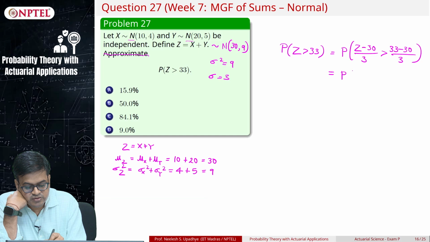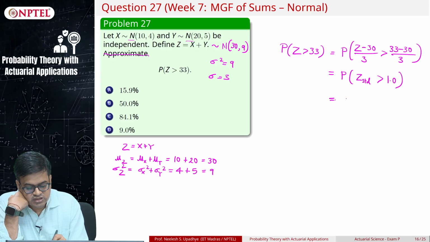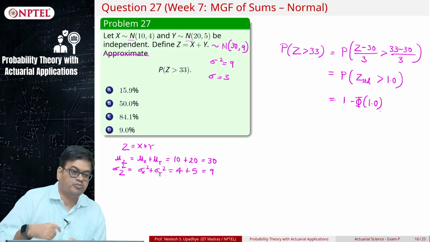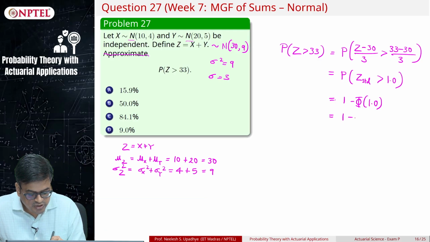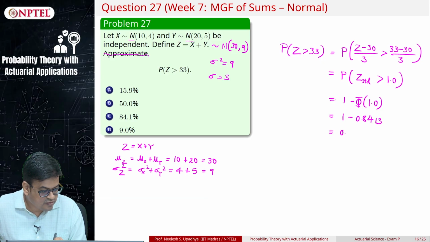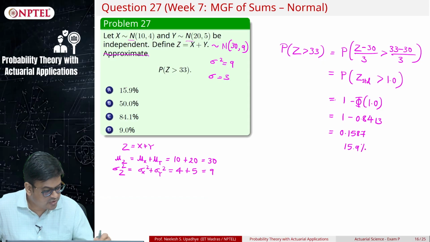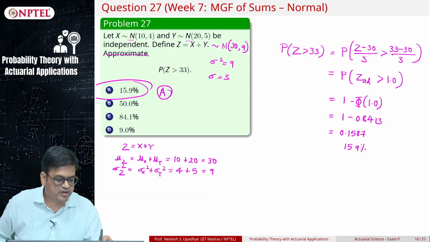So, this simply reduces to the standard normal random variable z greater than 3 by 3, which is 1.0, which essentially means this is 1 minus capital phi of 1.0. From normal table you can easily get the value of phi of 1.0, which is going to be 0.8413. Therefore, the final answer will be 0.1587, which essentially means 15.9%. This is A, the final answer of this.